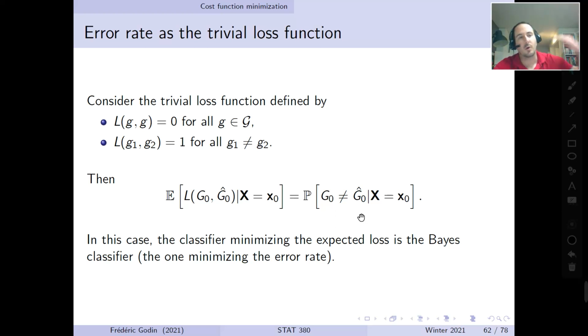So this goes back to our original approach of minimizing the probability of misclassification, and in that case the expected loss would just be the Bayes classifier error. So you fall back on the original minimization of the classification error we've outlined.